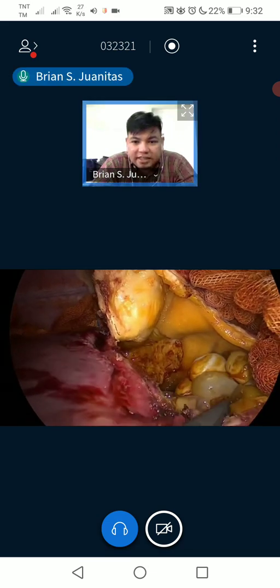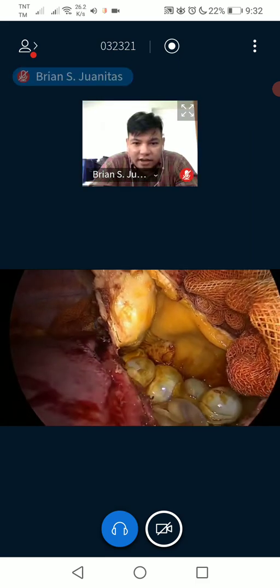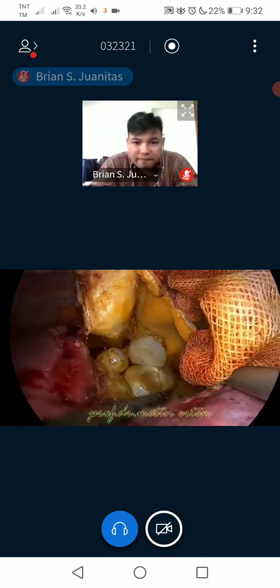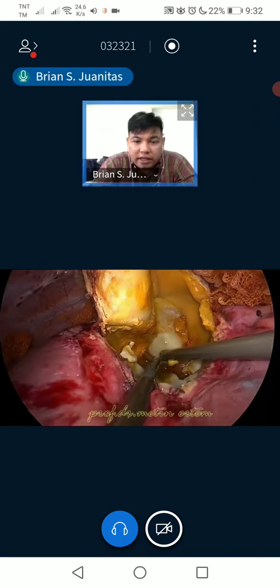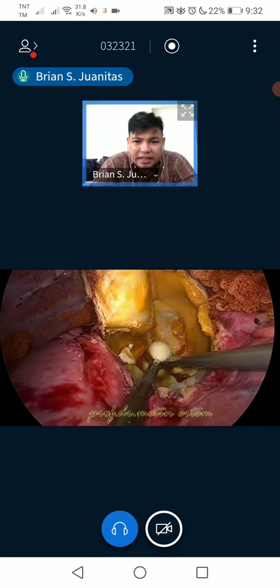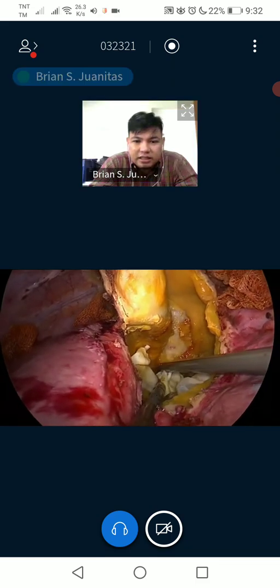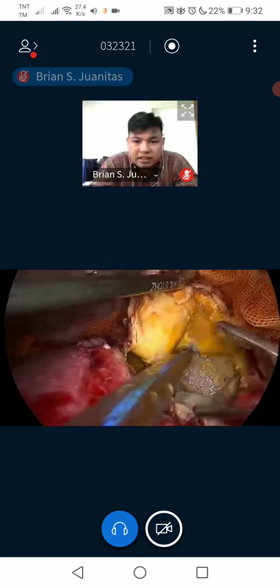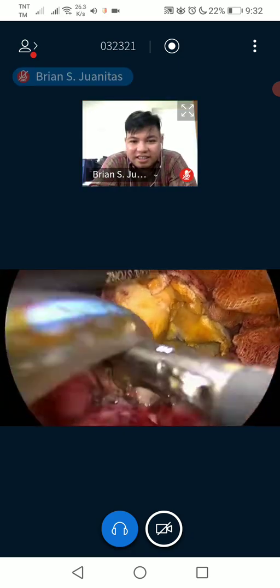Yan yung mga hydatid cyst sa loob ng liver. Yan mga bilog-bilog. Iwasan na hindi yan masira, dapat di mabasag.